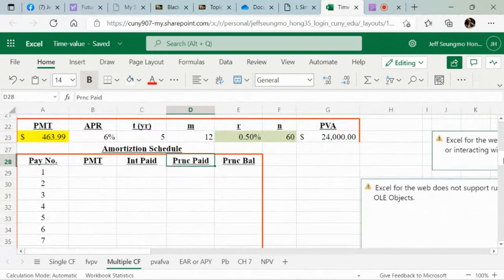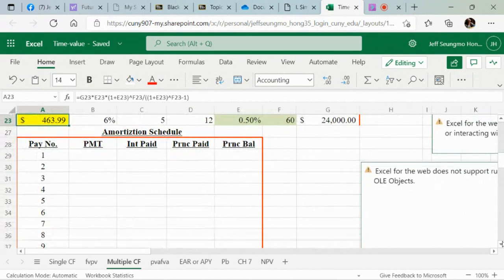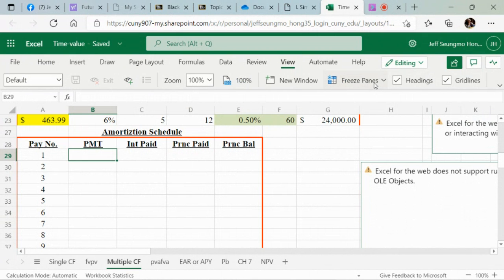To do this, of course, the payment must have already been calculated, and then it's easier to have our table with freeze panes. It's better to freeze our window panes.